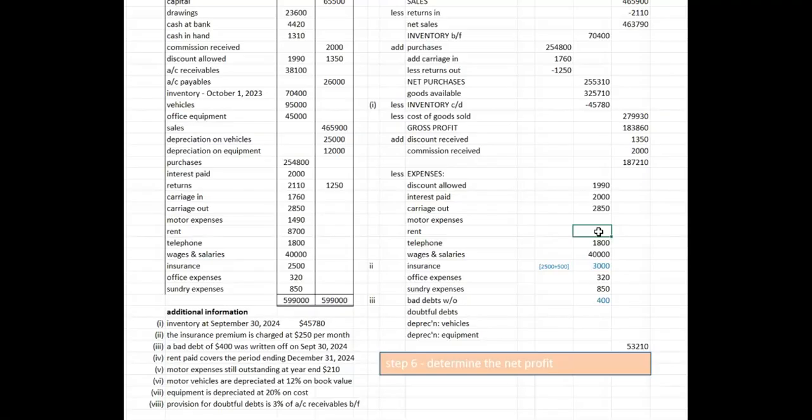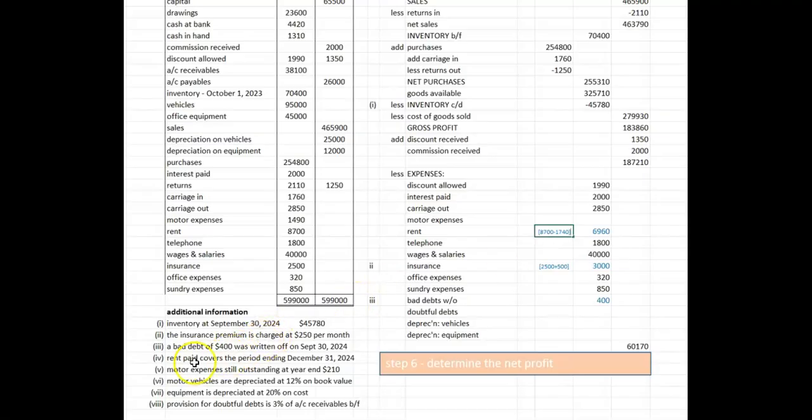Good, so I got to take that 8,700 divided by 15 and multiply by 12 to get the amount that I paid for the year, which is $6,960. And therefore, that would suggest then that of that 8,700, 1,740 is prepaid. All right, that would also appear on the balance sheet.